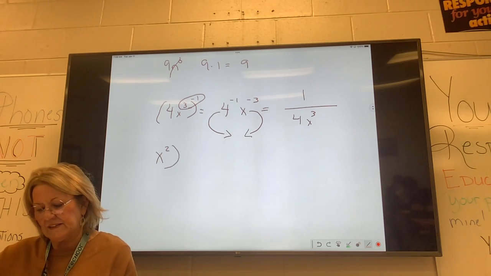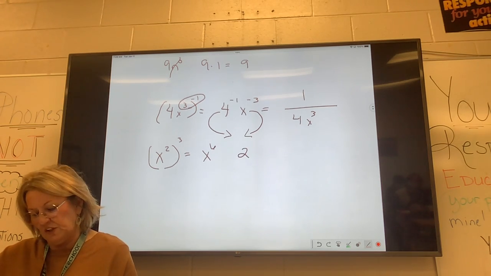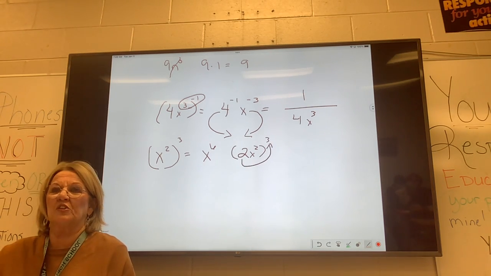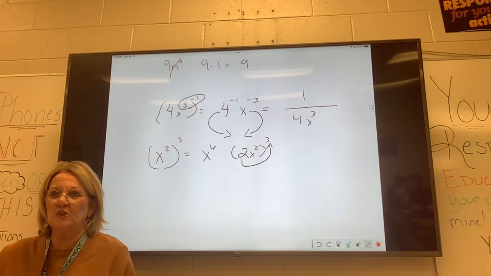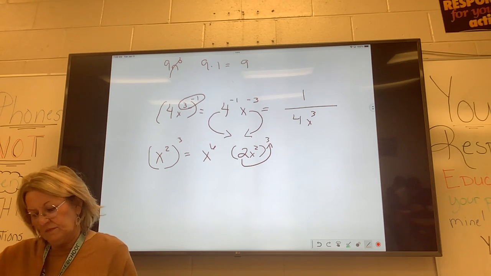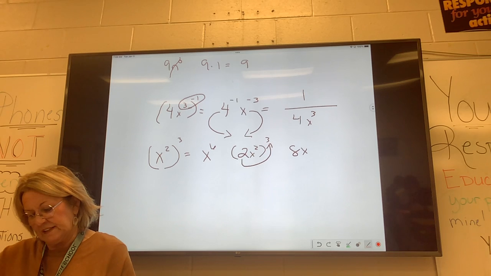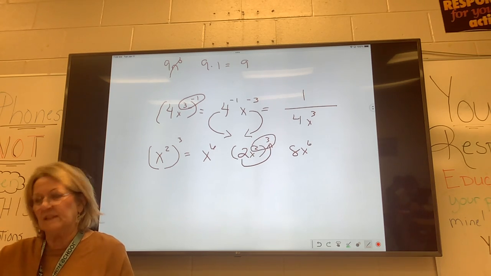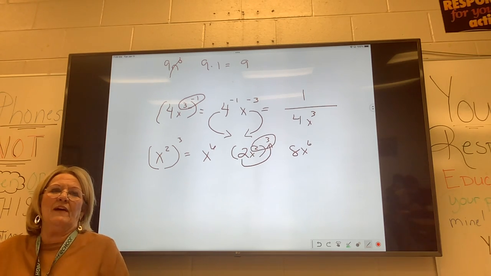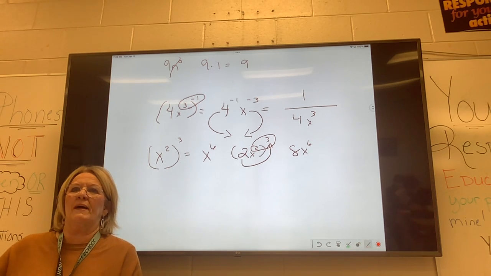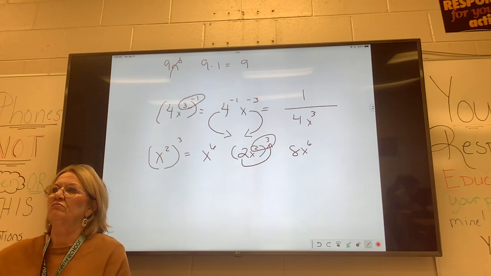If they had an x squared to the cube, that would be an x to the 6. But once I throw a coefficient in there, 2x squared to the third, the 2 has to be taken to the third power. 2 times 2 times 2, which would be 8. And then you multiply the x exponents to get x to the 6. So yes, you have to take the coefficient to whatever the power is on the outside.